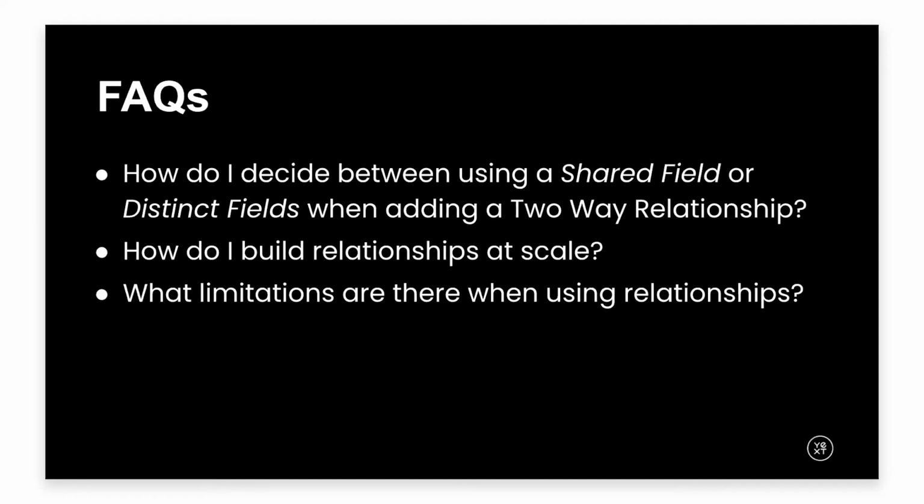Great. And then the last one that we put out in front of us here is, what limitations are there when using relationships? So a quick answer there. When you're thinking about relationships, these are not applicable to location listings right now. It's also worth noting that at this point, we don't have first-class support for storing data on relationships themselves.